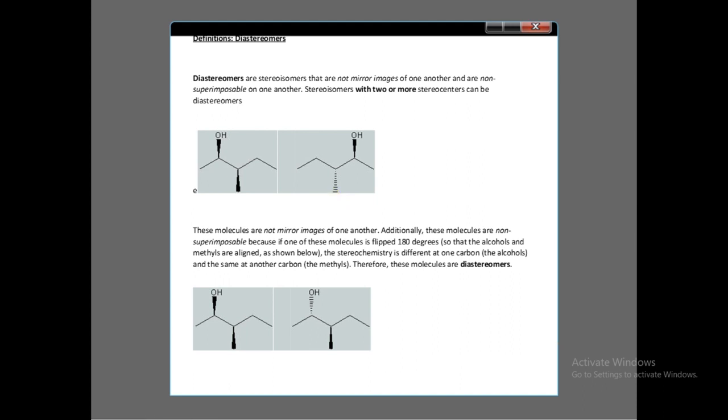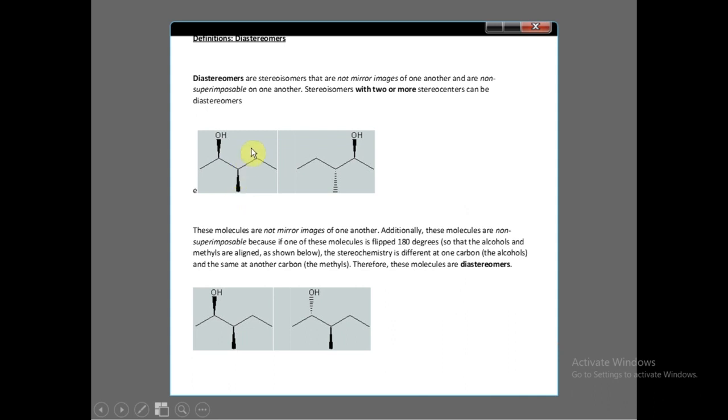Arrangement in space. Okay, so let's say this is the object, and the line here is considered as the mirror. The position of OH is moving towards you, this is wedge, and CH3 is also moving towards you.